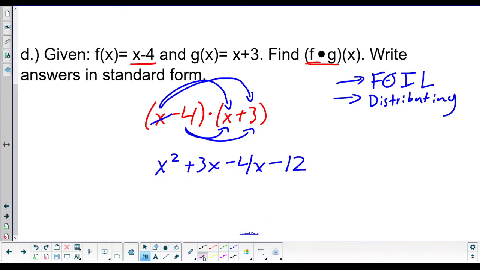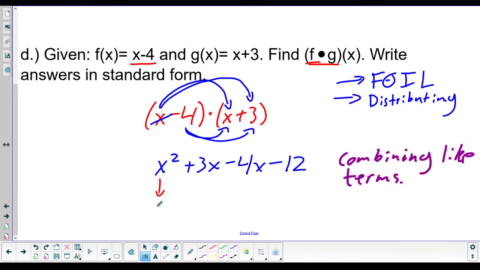Our last step here is combining like terms. That's just what we were doing on the previous problems. We're going to do x squareds. There are no other x squareds here for it to combine with, so it comes down and we have x squared. 3x has a negative 4x to combine with.